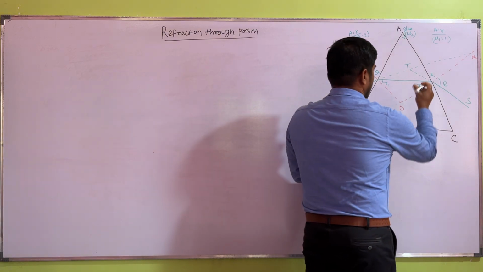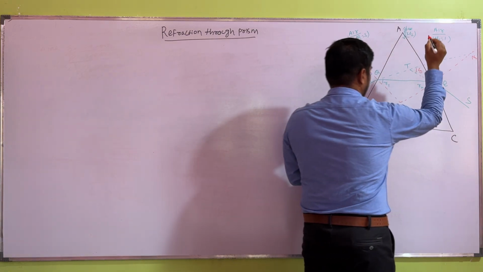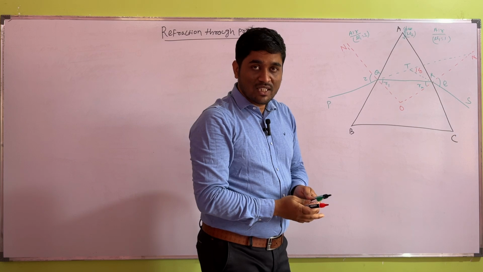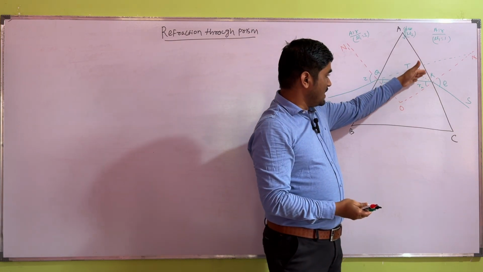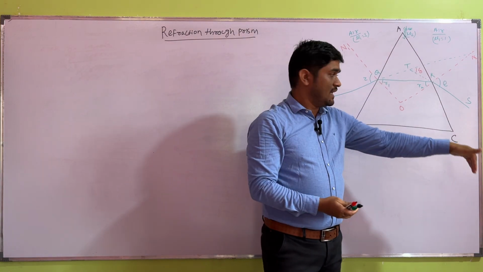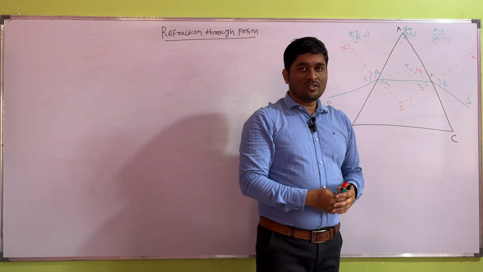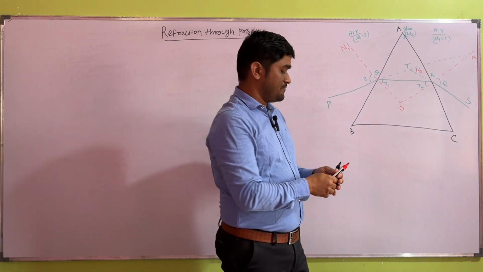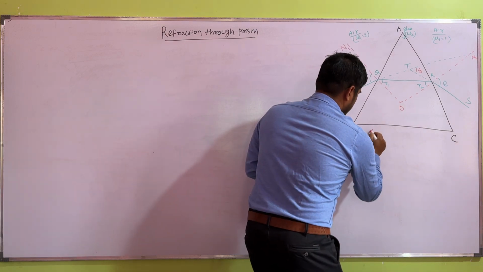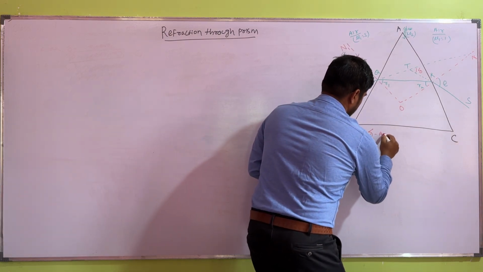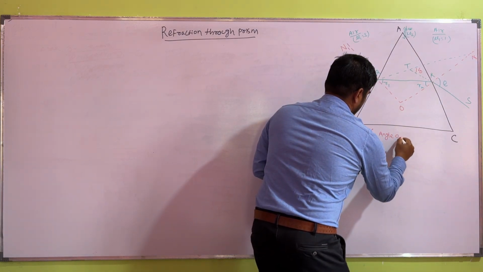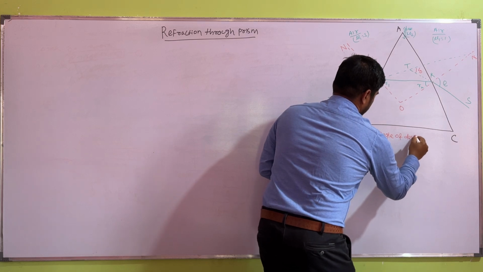Let this angle be delta. That means the incident ray deviates through an angle delta. So this angle is known as the angle of deviation, delta.